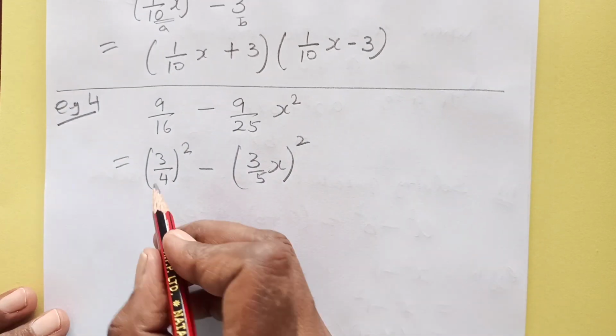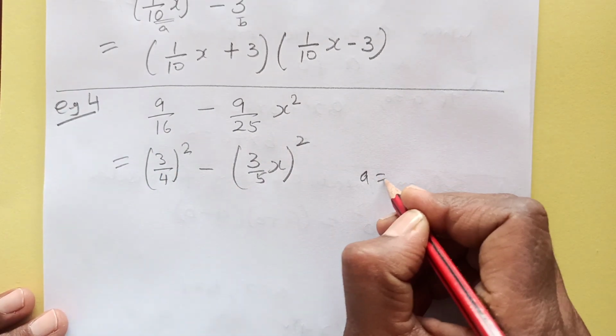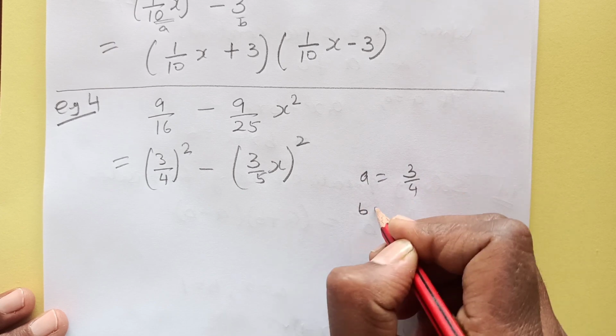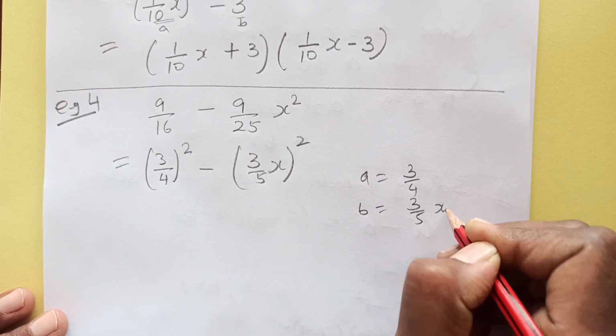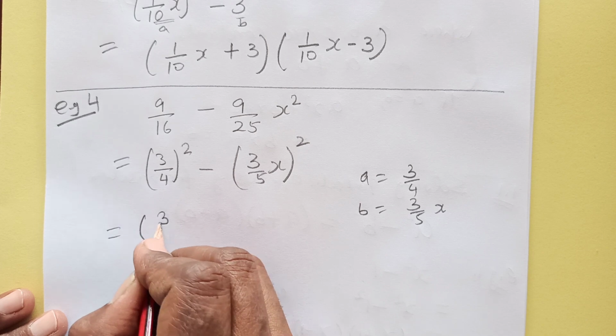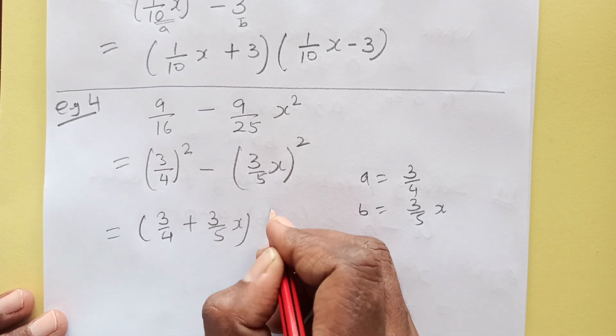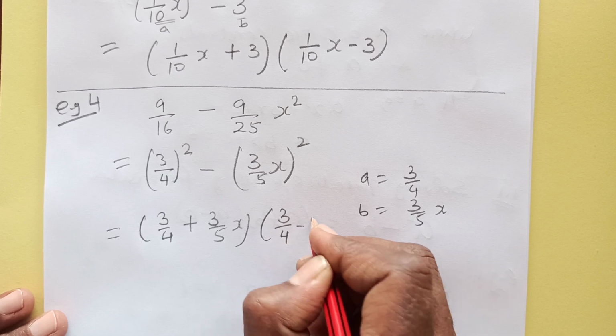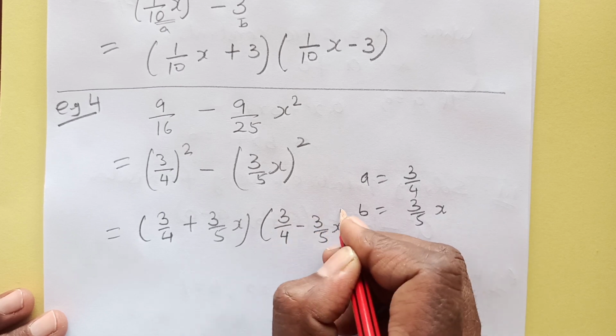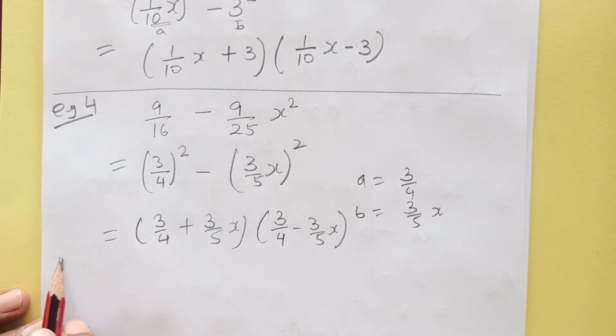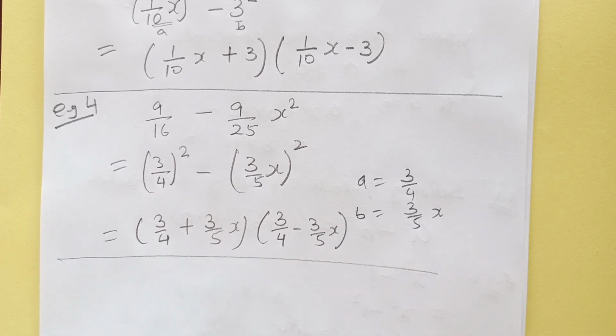Now what is a? A is 3 over 4 and b is 3 over 5 x. So a plus b is 3 over 4 plus 3 over 5 x, and a minus b is 3 over 4 minus 3 over 5 x, like this. So this is going to be the final answer, right?